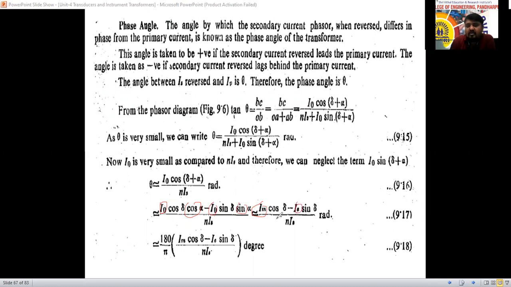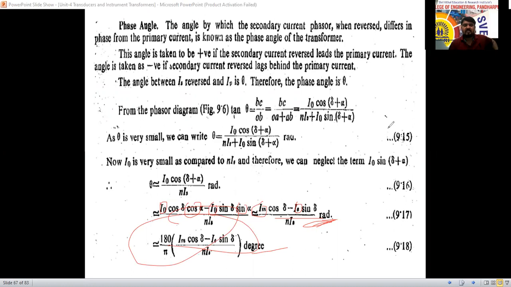This is the phase angle we are going to call here. It is in radian, so multiply by 180 by pi to get the phase angle in degrees. So this completes the phasor diagram and the transformation ratio and phase angle derivation of the current transformer.